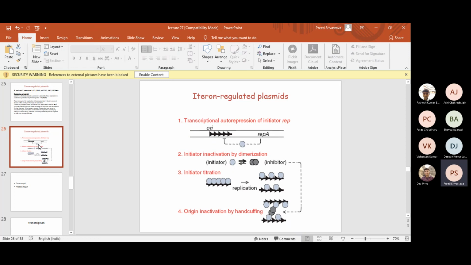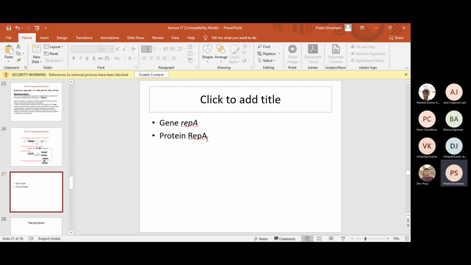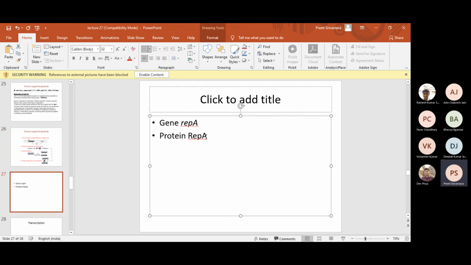Okay, so let's see how iterons help in the regulation. So first is the RepA synthesis is auto-regulated. What do we mean by auto-regulation?